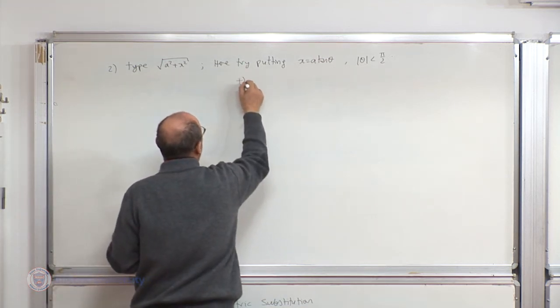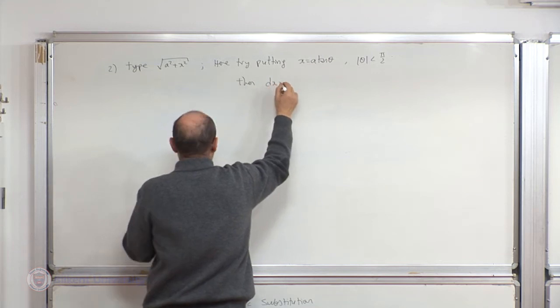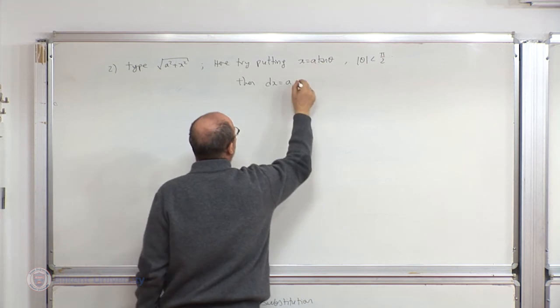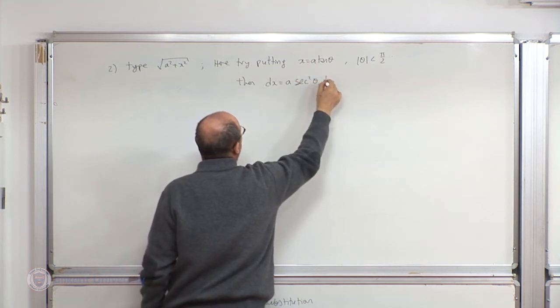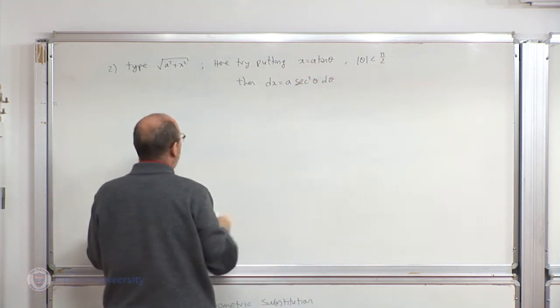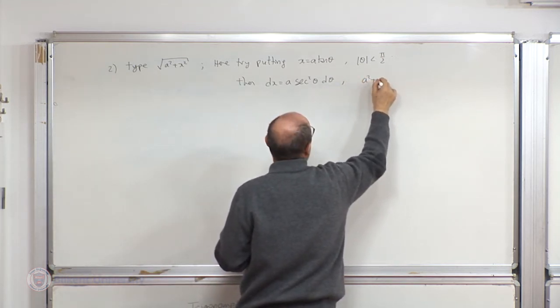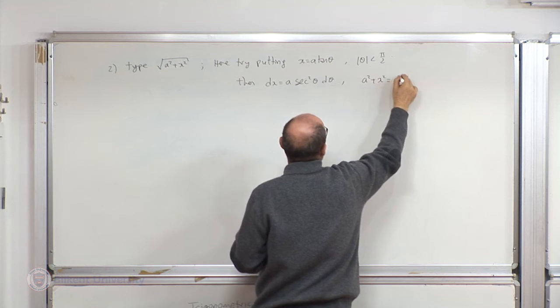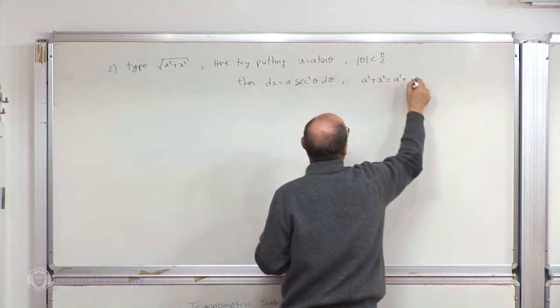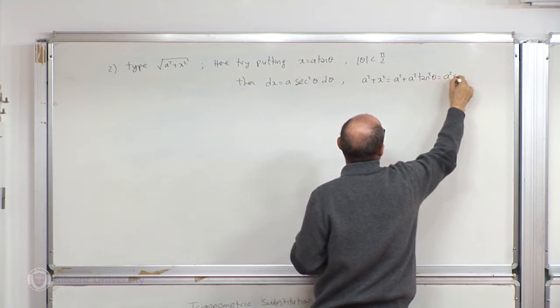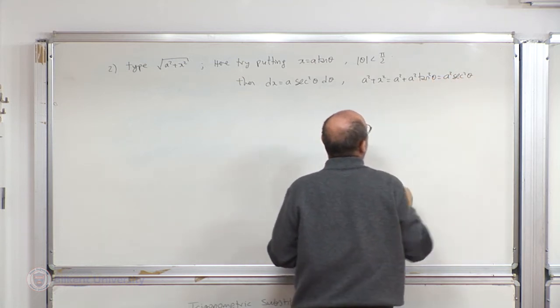Then dx becomes a secant square theta d theta, and a square plus x square becomes a square plus a square tangent square theta, so this is a square secant square theta.